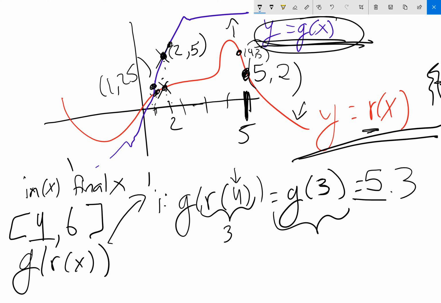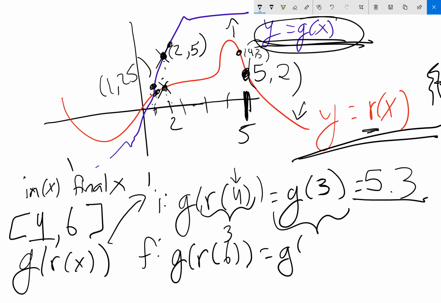Okay, so we figured out this value. Now we need to find our final output value, g of r over final input, which is 6. R of 6, what is the value of r at the input 6? And you'll see the point 6, 1. So the output of r is 1 when the input is 6. So now we're looking for g of 1.